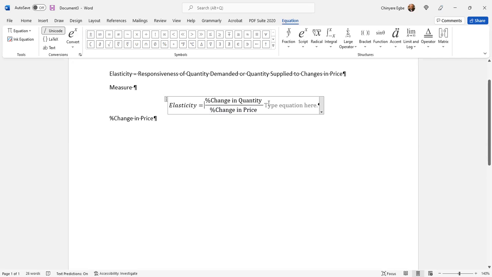Okay. So if this is greater than 1, that means demand or supply is elastic.